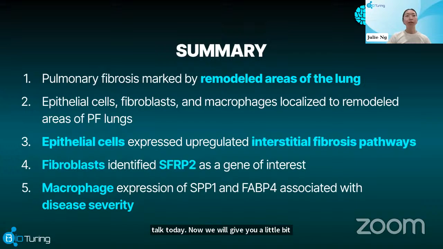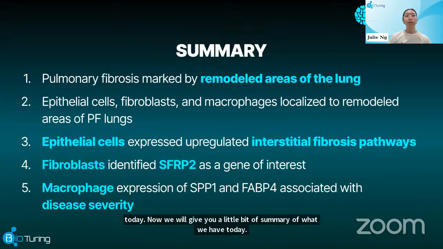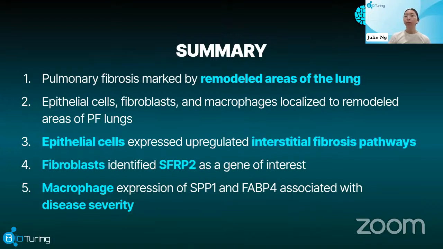Yeah, so to summarize our analysis today, we saw that pulmonary fibrosis was marked by remodeled areas of the lung. We also identified 3 distinct cell types in these remodeled areas: our epithelial cells, fibroblasts, and macrophages, which localize to these affected areas of PF lungs. In our epithelial cells, we found that the pathways that were upregulated were related to interstitial fibrosis pathways.